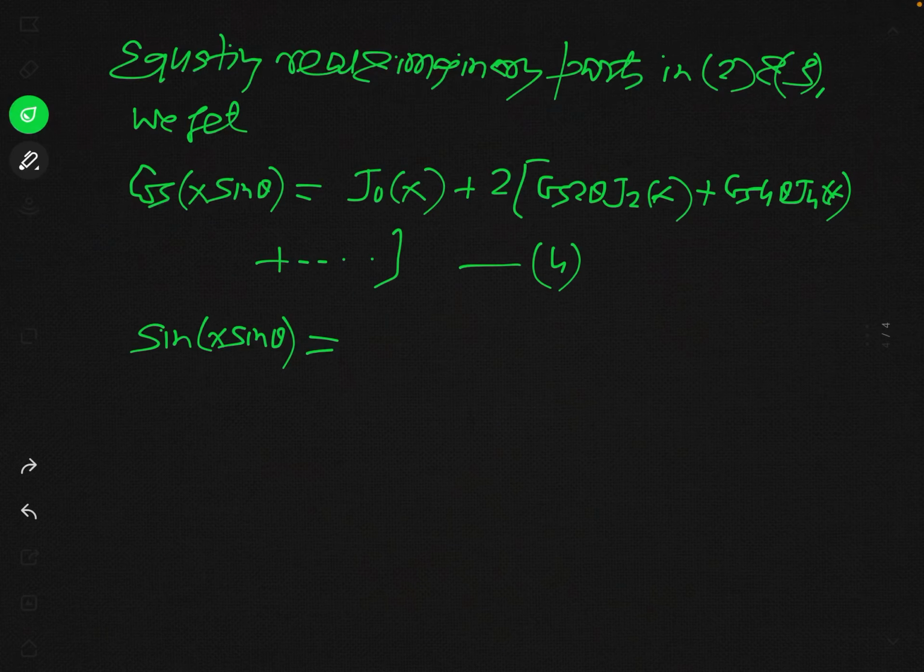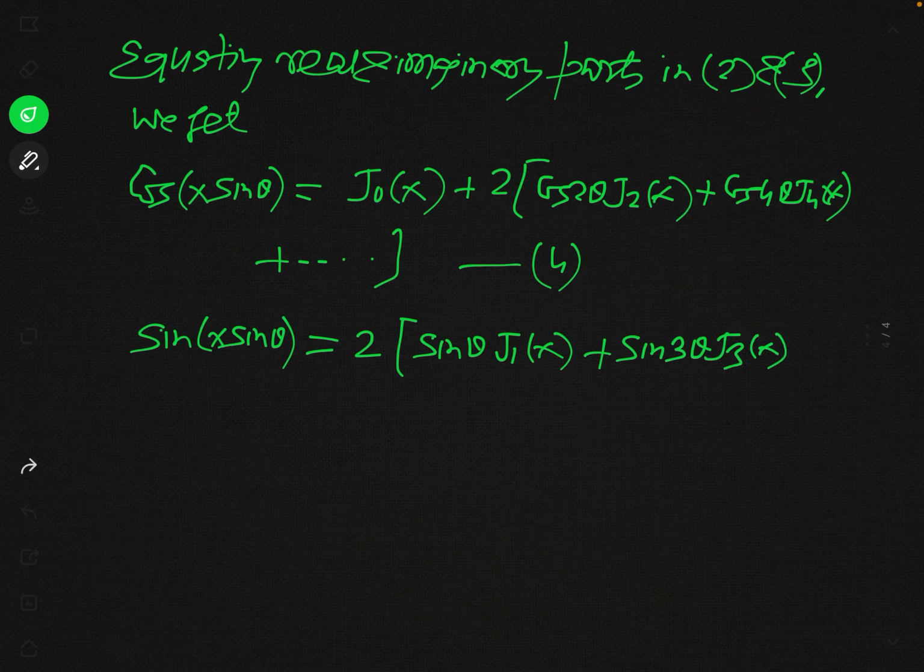So this will be equal to 2 times sine theta J1 of x plus sine 3 theta J3 of x, and so on. Let us say this is equation 5.